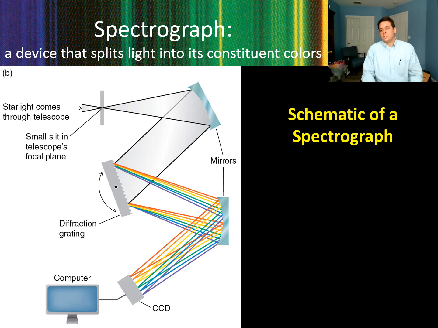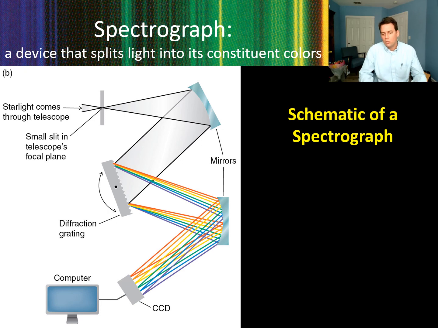So we spent most of the time today talking about telescopes, but there's another tool that we're going to refer to periodically, and particularly over the next several lectures, where we will move on after today into analyzing starlight. One very important tool in that context is called a spectrograph. It's a device that just splits light into its components.